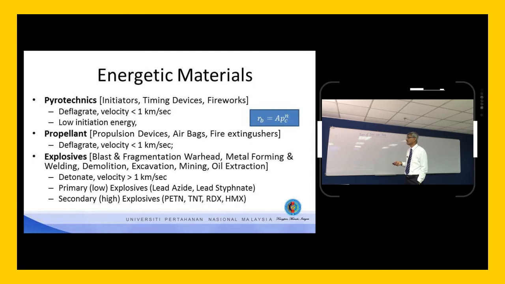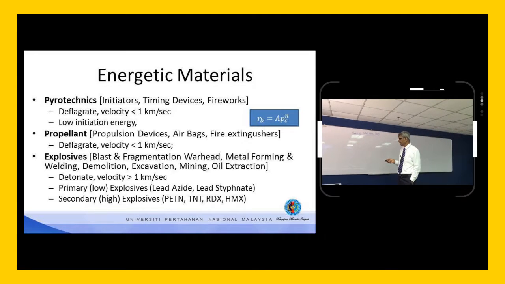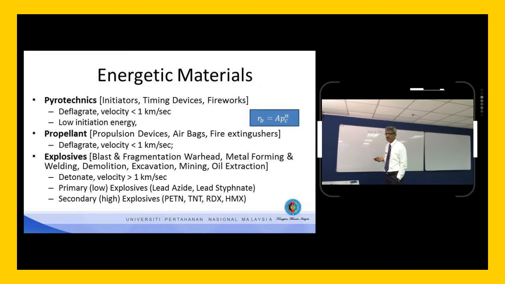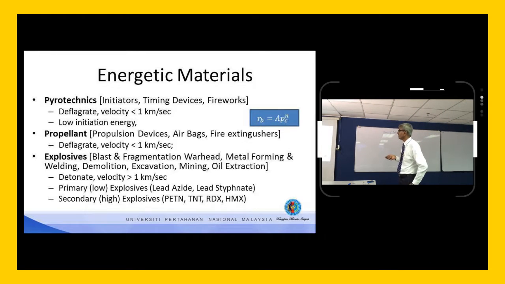And HMX, His Majesty Explosive. So these are the names given to them. If we look, we can categorize these, or compare them with their performance parameters, and here are their performance parameters.